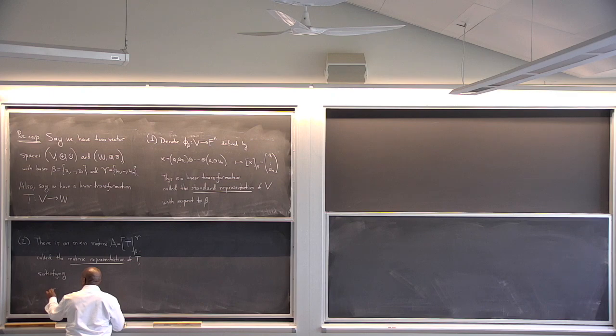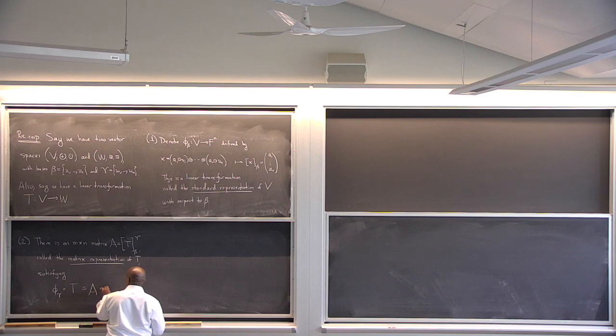So that is, if I take phi gamma composed with T, this is A composed with phi beta.